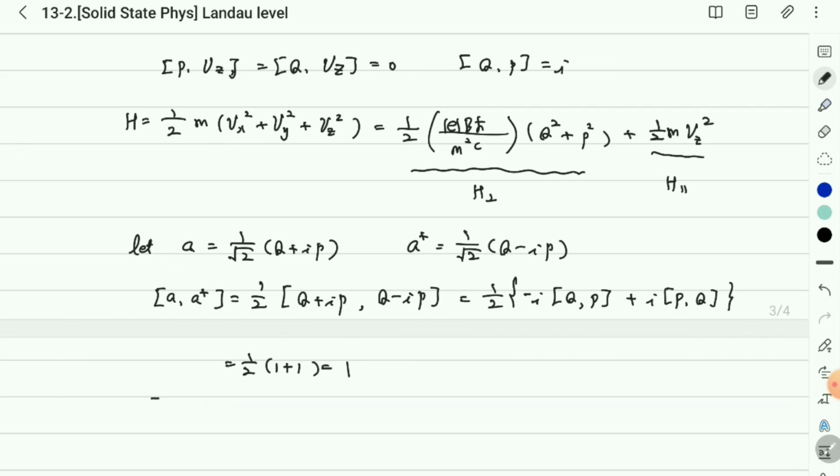And also the commutators of A with A and of A dagger with A dagger equal 0.